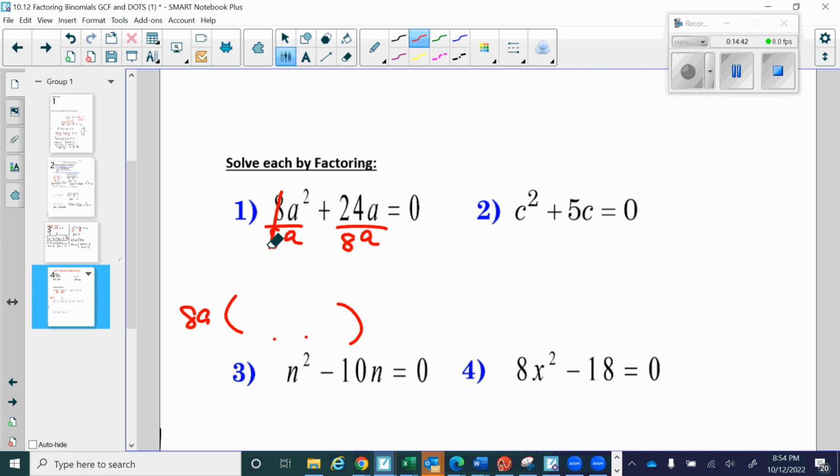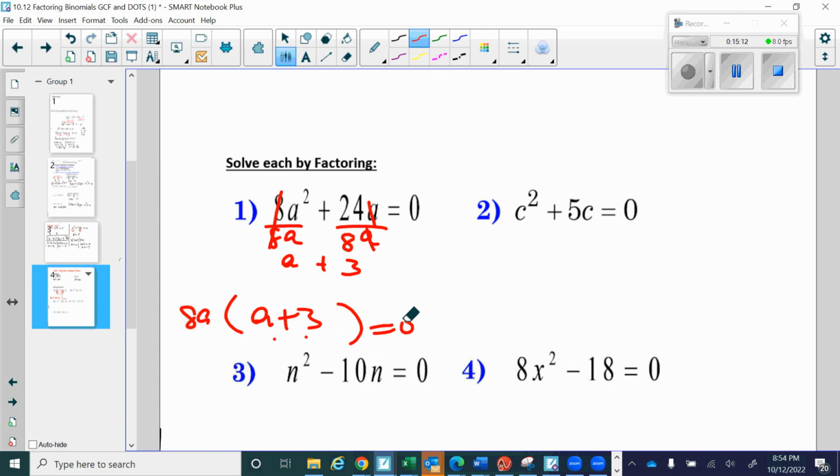All right. C is pretty easy. I'll do C, and then I'm going to have you do number 3 by yourself. Look at C. We have a 5 and a 1, so the highest common factor is just 1, right? And for c squared and c, the highest common factor is c. So c is one of the factors.